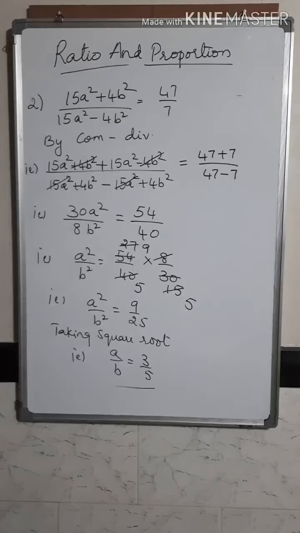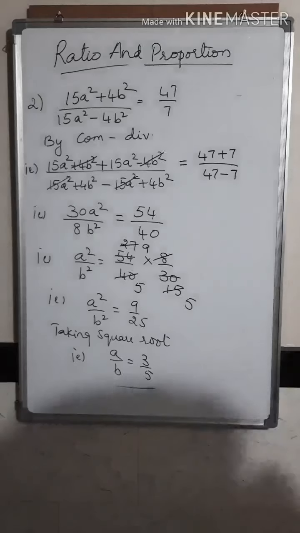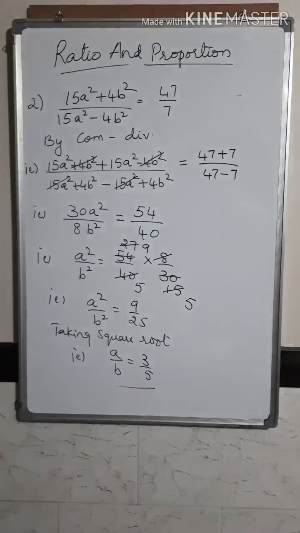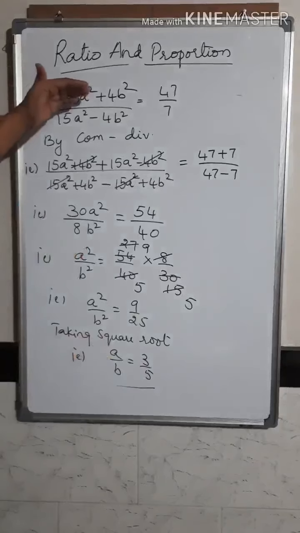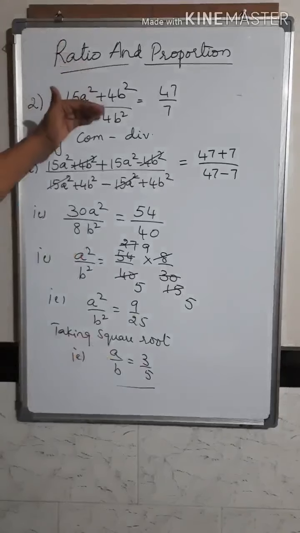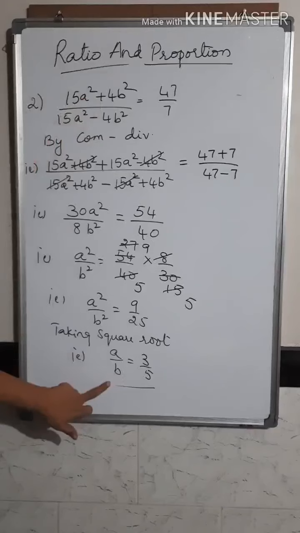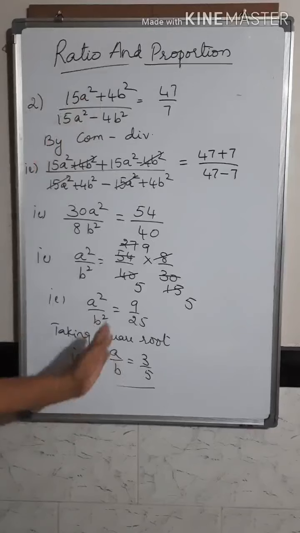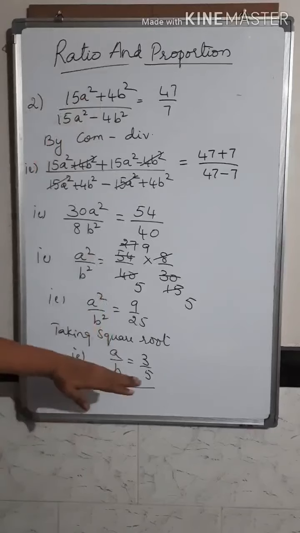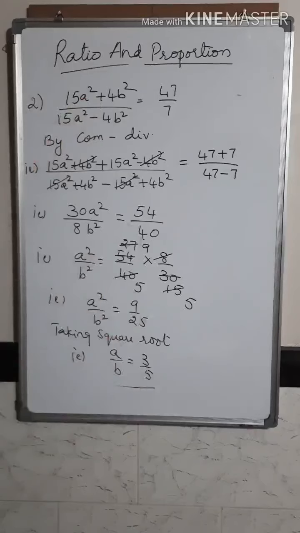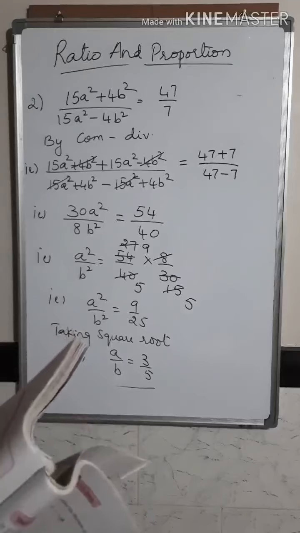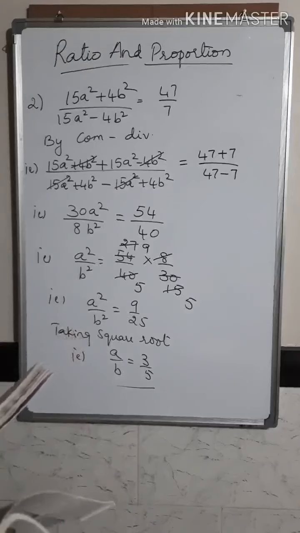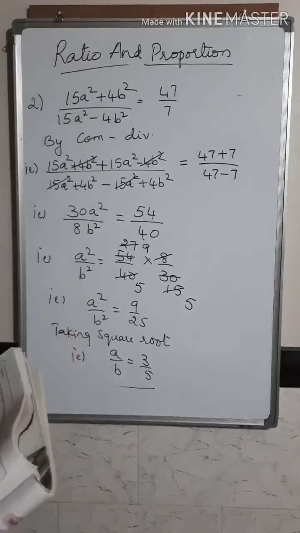Now to solve the remaining sub questions, you have to take this ratio and solve. Using what is given in the problem, you have first found out a upon b, and to solve the remaining three sub questions, you have to use this ratio. I'll work out one or two problems of this, and the remaining problems you'll be doing on your own.